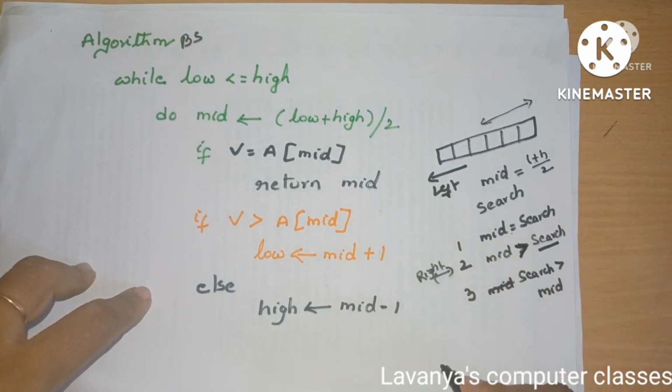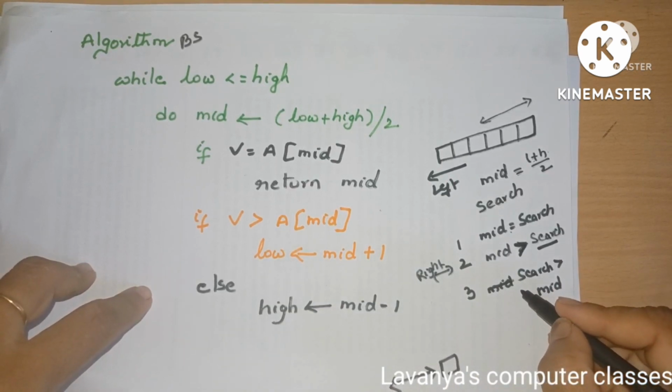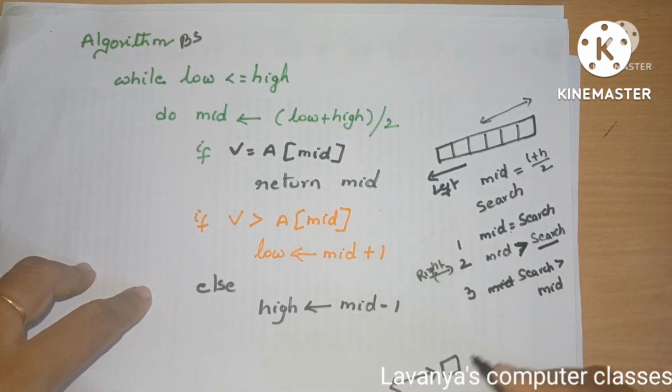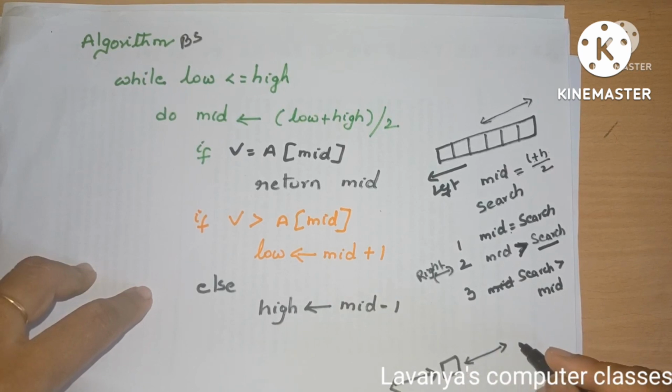Middle element is more means the remaining elements on that side are smaller. Third, if the middle element is smaller and the search element is more, then go to the right hand side.